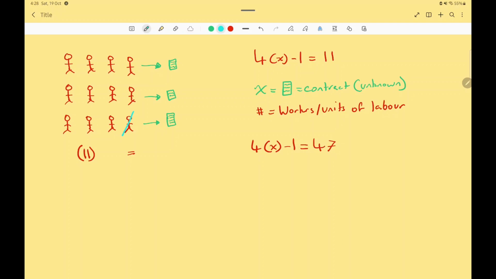You add 1, divide by 4. 4x equals 48. Divided by 4, divided by 4. x being the number of contracts. You'll have 12 contracts in total if you apply 4 people per contract less 1 person for the entire team.